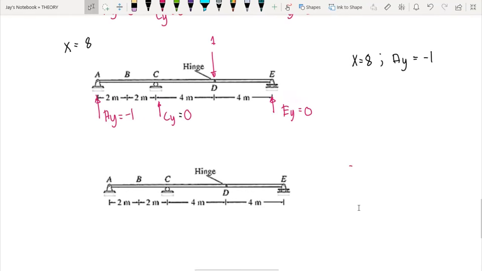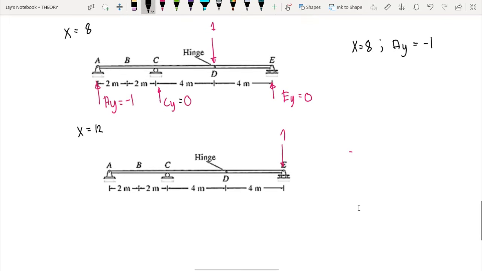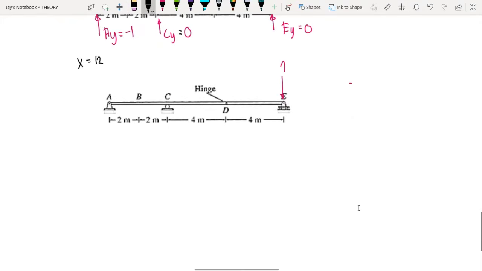Okay? Now for our last condition, we place our 1 unit load at point E, or when our x is equal to 12. That is the distance from E to A. So in this case, we can again cut at point D. So we have here the reaction at EY, the internal forces at D, so DY and DX, and we have the external load, 1 unit load at support E, and we know that the distance is 4.